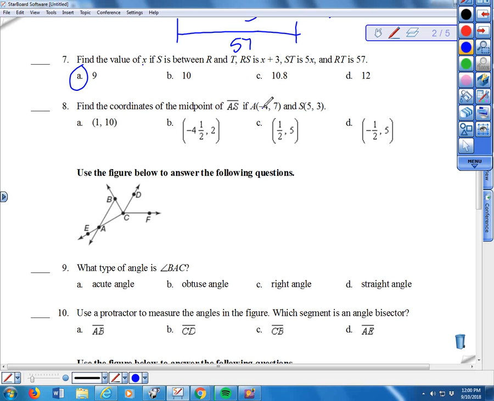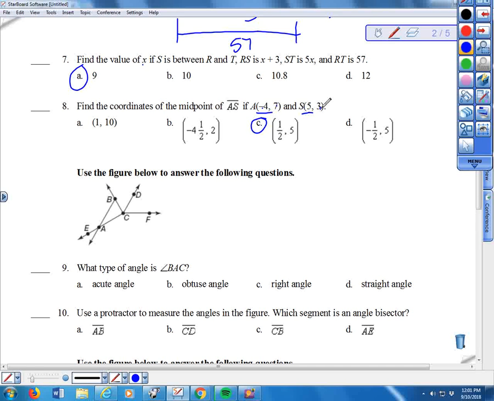Negative 4 plus 5. 1. So divide by 2. Don't even need to do the y because there's only one that has 1/2 as an answer for x, right? But if I wanted to find the y coordinate, I would take 7 plus 3, which is 10, divide it by 2, get 5. So it should be 1/2 comma 5. Make sure you know how to find the midpoint.